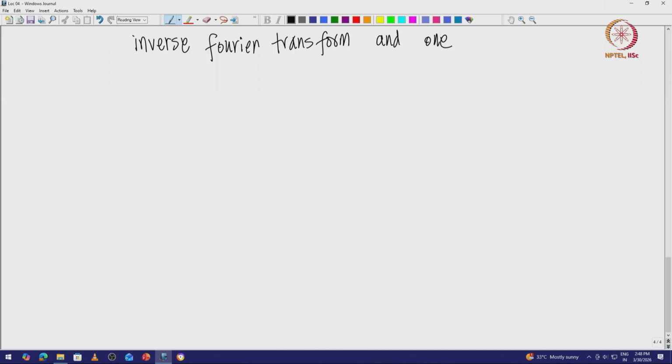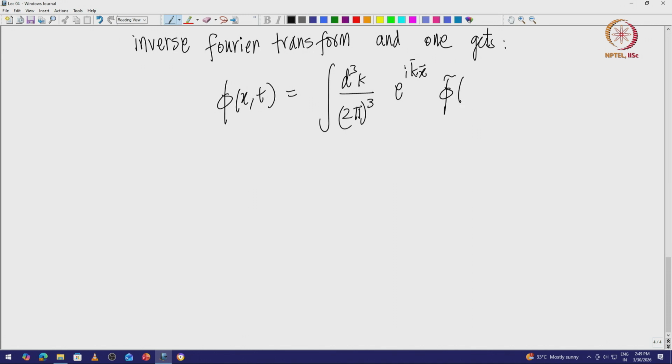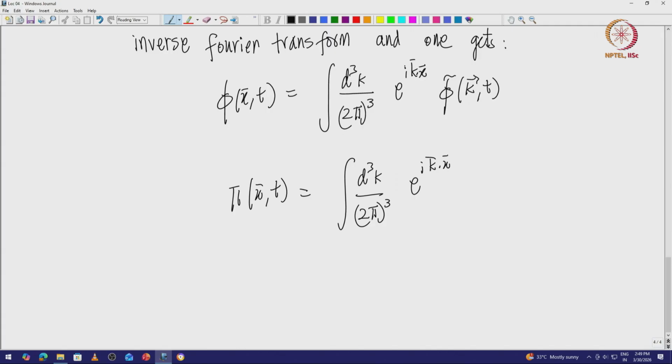And one gets, this is easy to see, now, this is just the inverse Fourier transform.